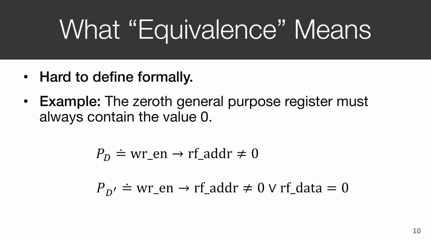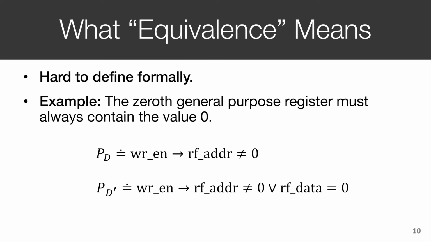The first property states that if a write to the register file is enabled, then the register being written is not 0, which means the general-purpose register 0 is not the target of the write. However, the same property may not be true for a second design, even though the design enforces the same policy. And the second design might require the second property here.